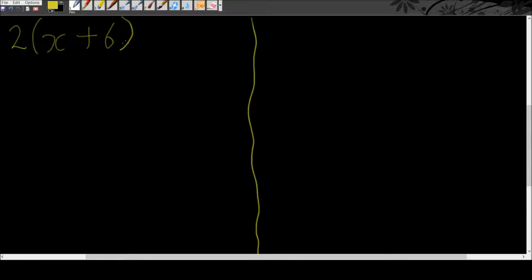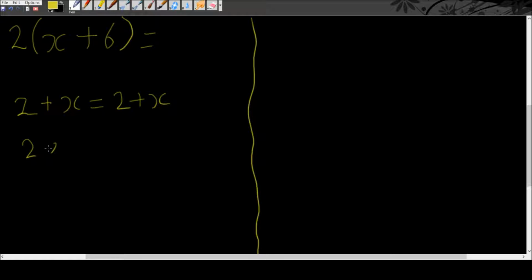A lot of people think that we sometimes add. So they think that we add the 2 and the x. Some people think that 2 plus x will give you 2x. That is wrong. 2 plus x does not give you 2x. 2 plus x gives you 2 plus x. It doesn't give you 2x.